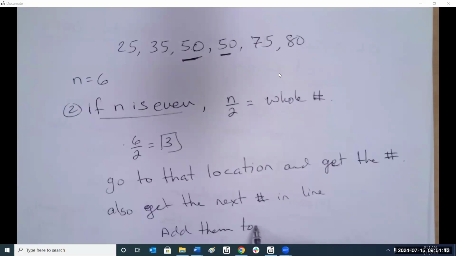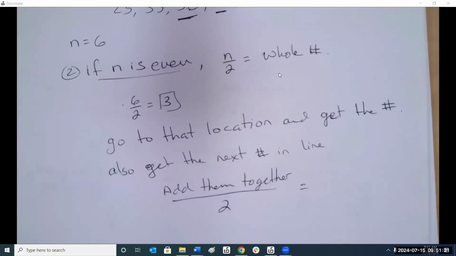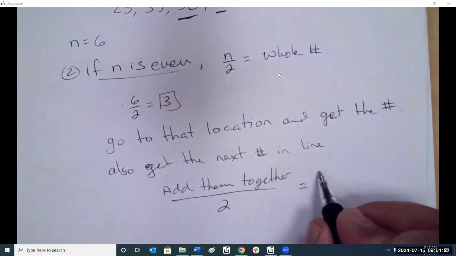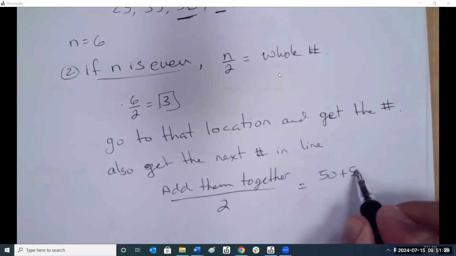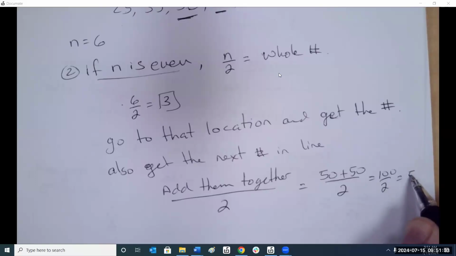Add them together and divide by 2. That will give you the median of an even number set. So we got 50 plus 50 over 2. 100 divided by 2 is 50.